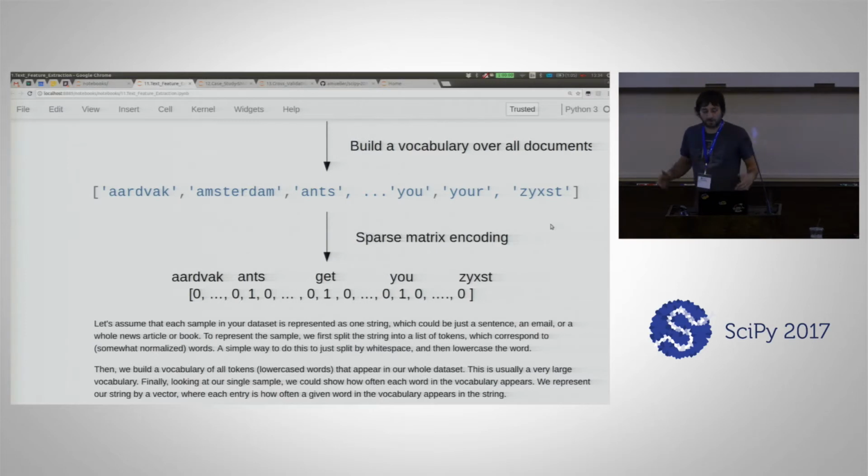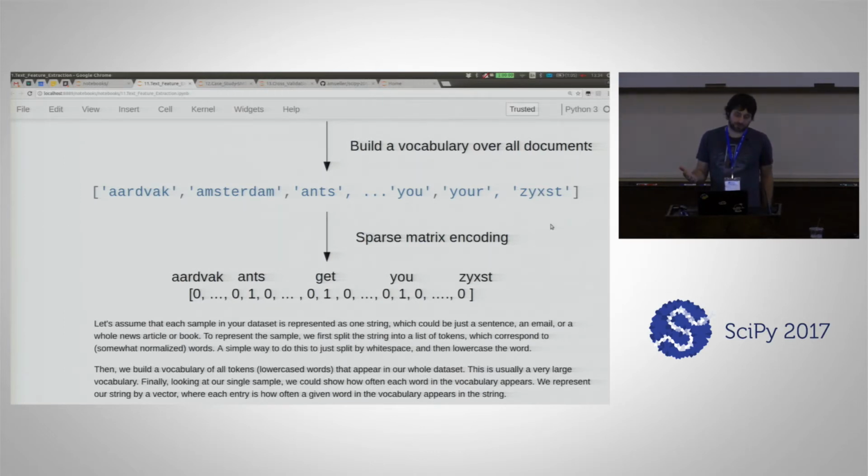So we now have a fixed length vector which is as long as the vocabulary size. That's usually tens of thousands or hundreds of thousands of entries, and basically all of them are 0. As Alex mentioned in the beginning, we don't really want to store all these zeros because it would be very wasteful.